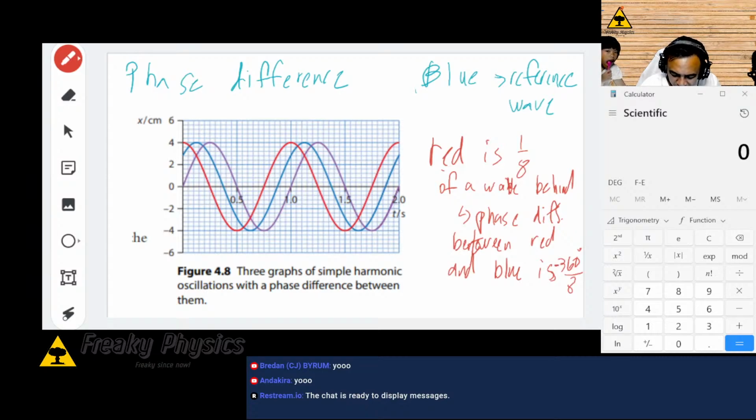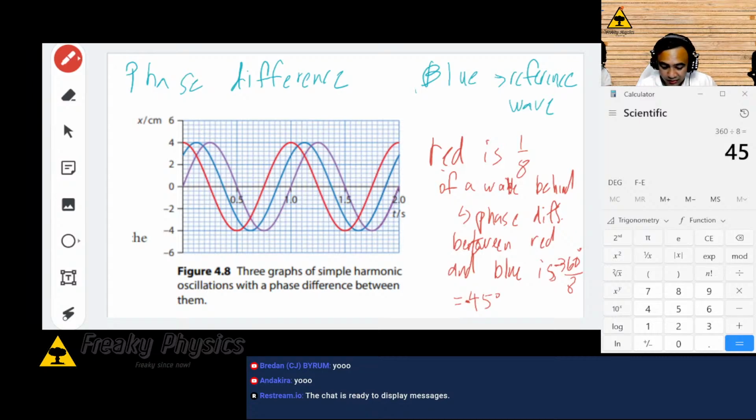Because red is behind, we put a negative in there. 360 divided by 8 is 45, so negative 45 degrees phase difference. Similarly, purple would be a positive 45-degree phase difference with the blue because it's 1/8 of a wave ahead.